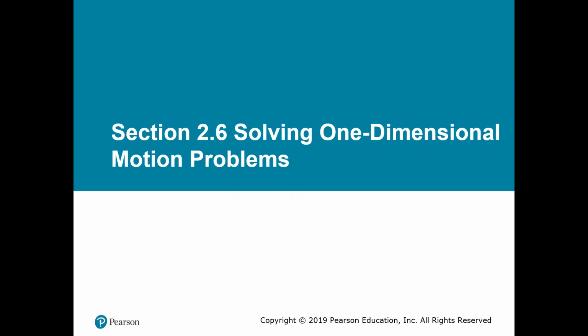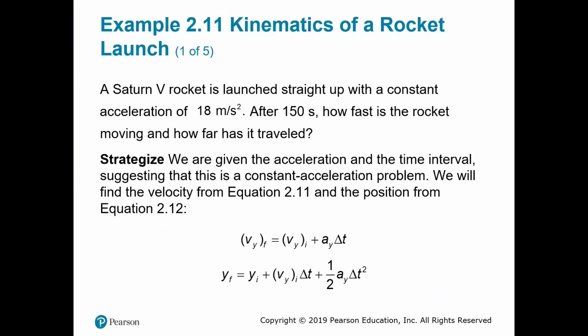So section 2.6 is basically the same as what we did here, right? Now we have a rocket round trip straight up with a constant acceleration of 18 meters per second squared. So now our first known is 150 seconds, so this is our second known, t. How fast is the rocket moving, right?